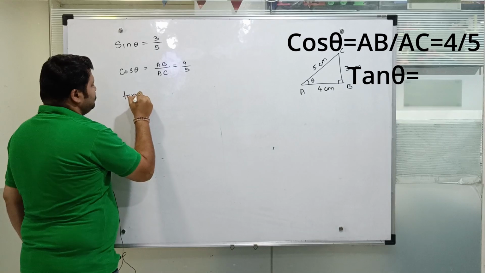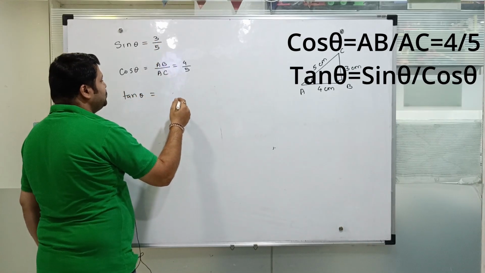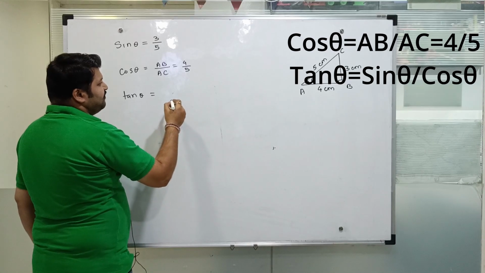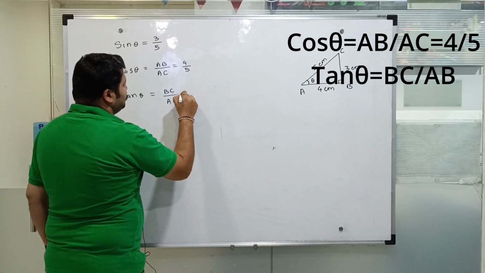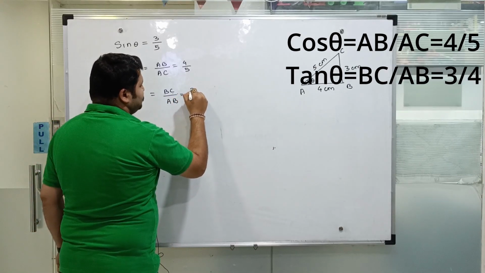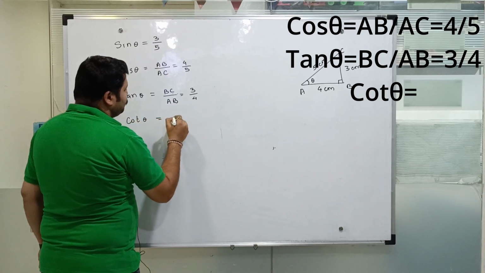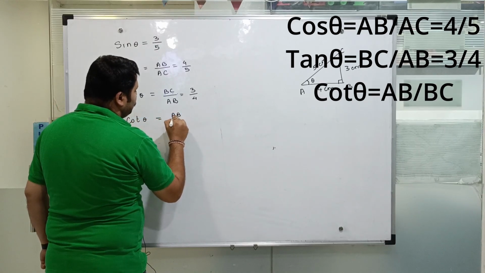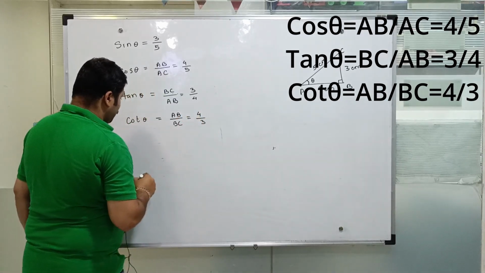Tan theta will be equal to sin theta upon cos theta, or we can say BC upon AB. So that would be equal to 3 by 4. My cot theta will be equal to AB upon BC, so it will be equal to 4 by 3.